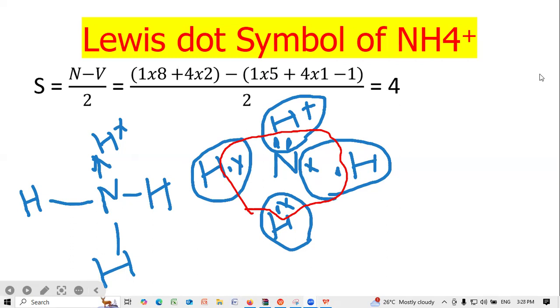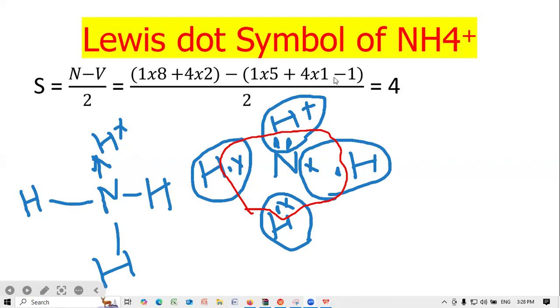And you remember that if the ion has a positive charge, or is a cation, you should deduct or subtract the number of charges. See, in the ammonium ion there is only 1 plus charge.